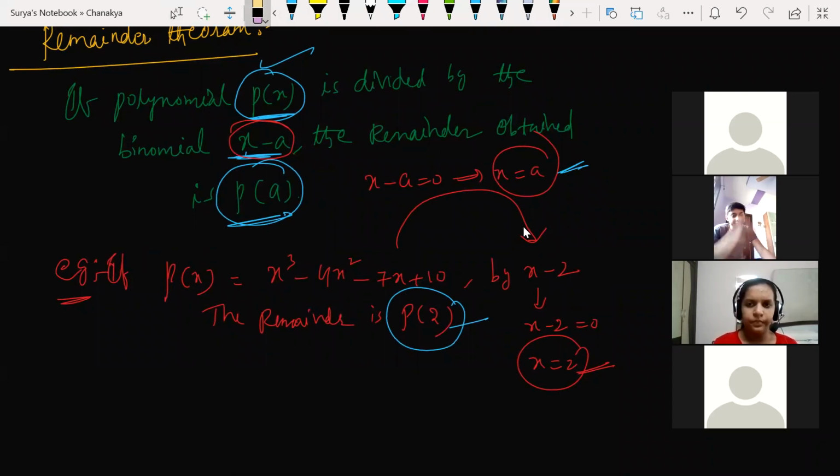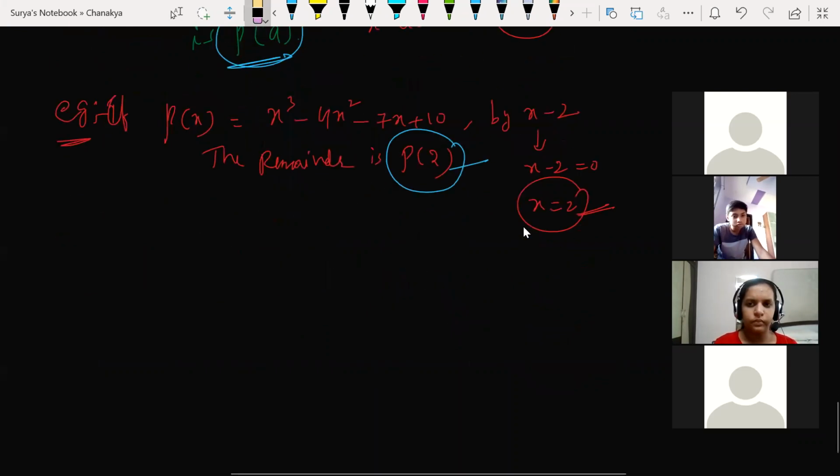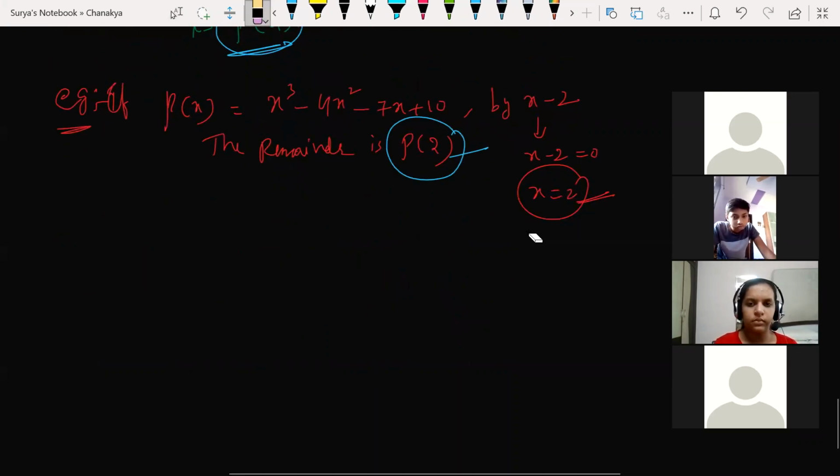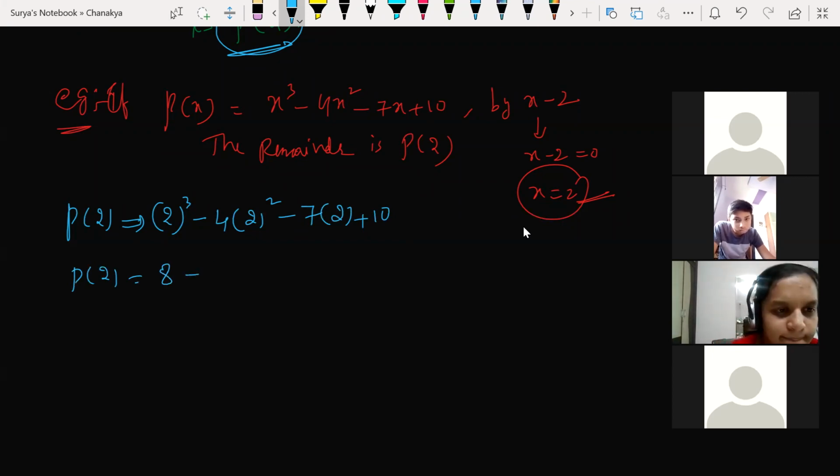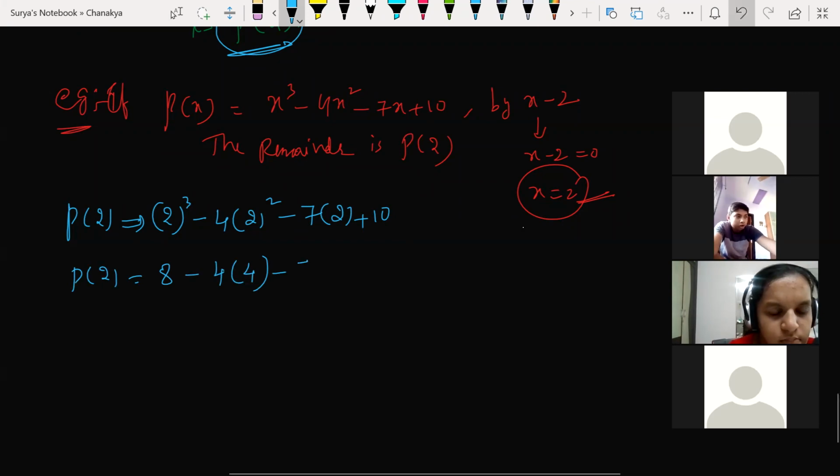Let us try to solve. So what is going to be my remainder now? P of 2. What is P of 2 here? In place of x, I'm going to substitute 2. P of 2 is going to be my remainder: 2 cube gives 8, minus 4 into 2 square, which is 4, minus 7 twos are 14, plus 10.